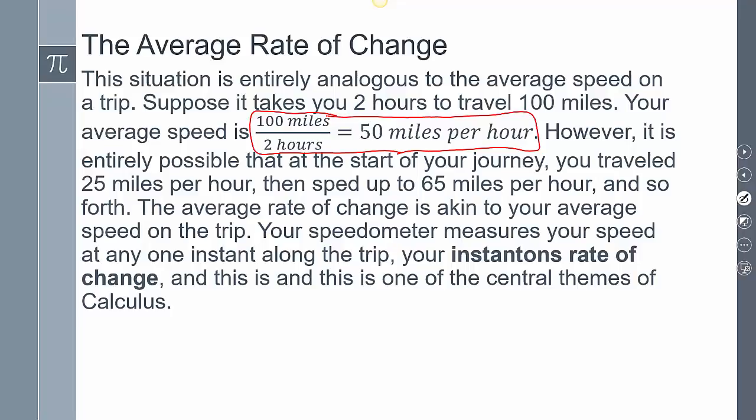There could have been traffic in the beginning and I was driving slower, and then it sped up towards the end and I was able to go faster. And so all this is the average over that given interval of 2 hours, from time equals 0 to time equals 2. Now what your speedometer reads is the instantaneous rate of change. And that's that central theme of calculus that I pointed out in the previous slide.